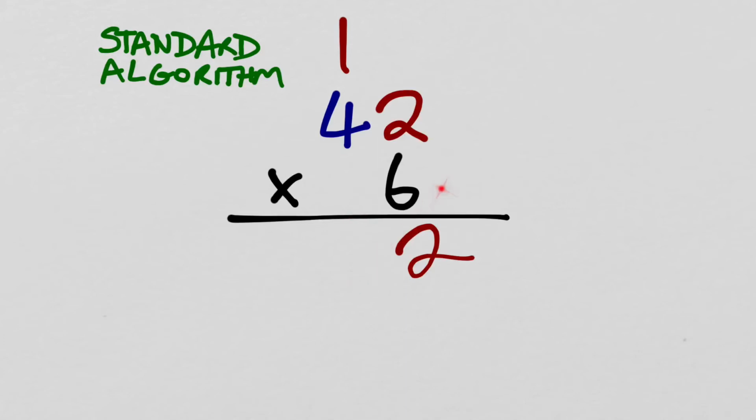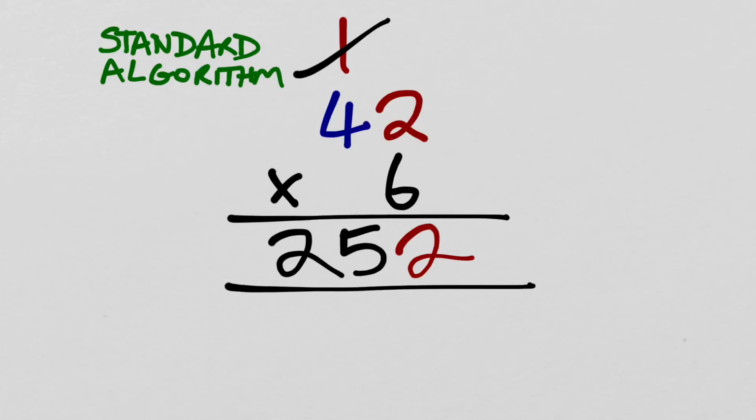Okay? So when I do 6 times 4, I get 24, which I'll write there. But that 1 was supposed to be there. So what I've got to do is add that 1 to the 24. So when I do that, that gives me 25. I cross it off there so I can say that I've added it. And so that's what 6 times 42 is.